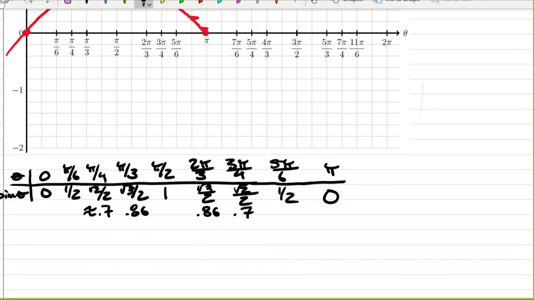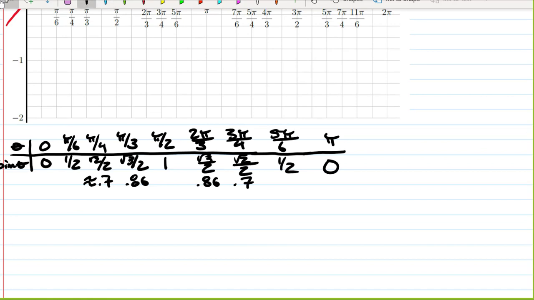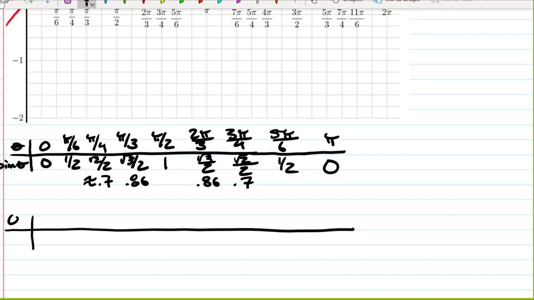And then if we continue filling in our table, we have theta, we have sine theta. I'll put pi here because it corresponds to 0, but mostly because I want to show a pattern.